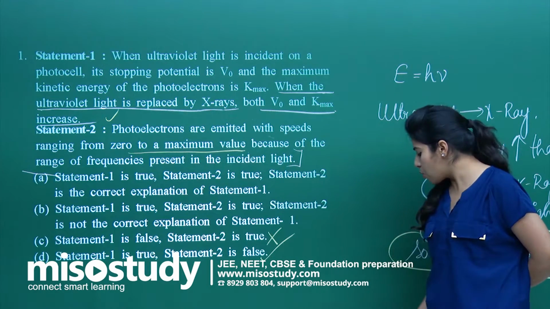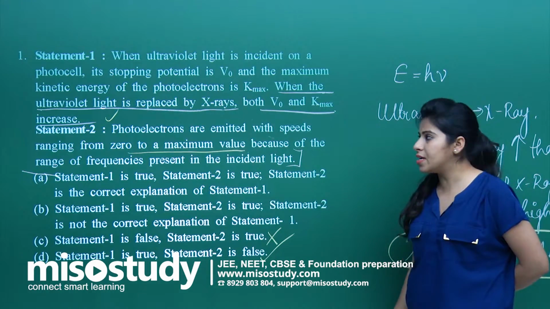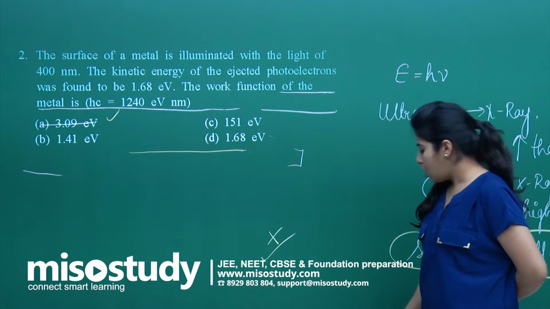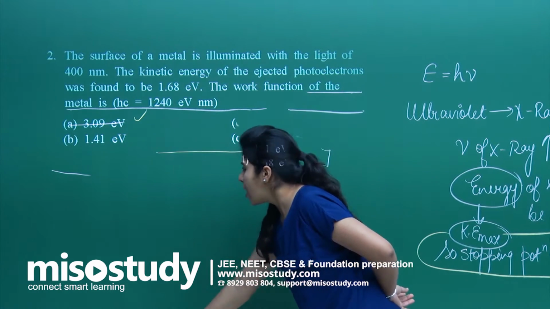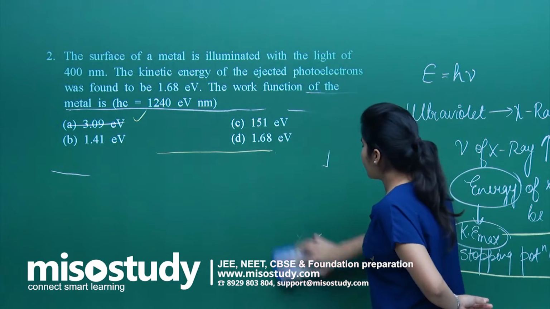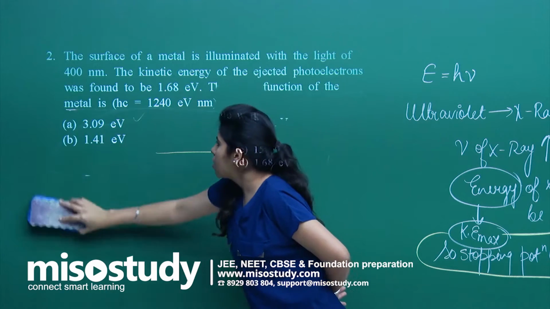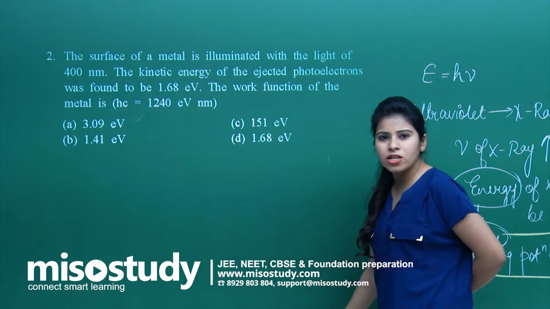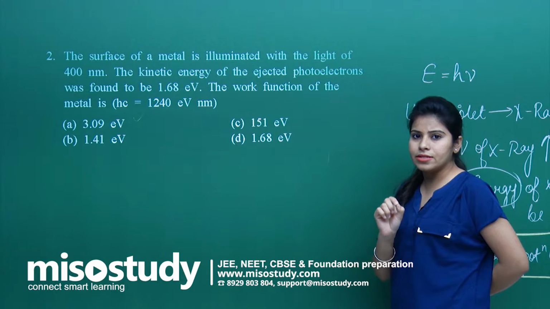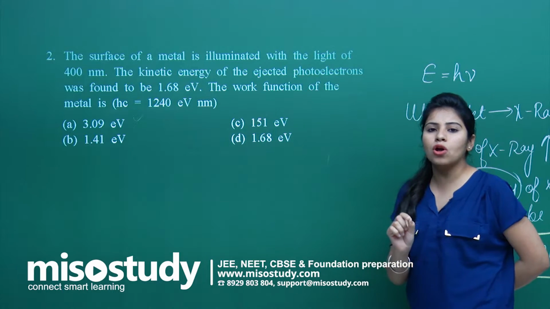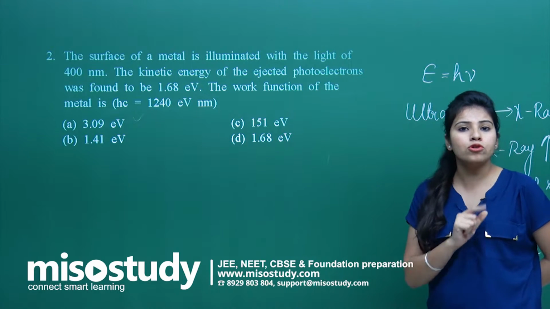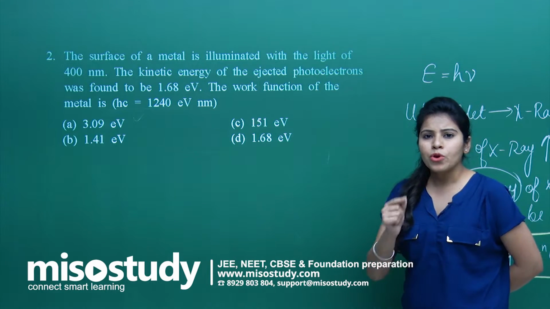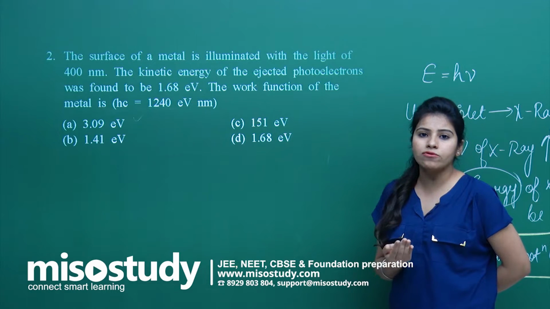Now let us move to the second question and see what it says. All right, so we have something like a numerical. As I have told you, the level of question would be a little bit higher than NEET, but you are going to solve it very easily. This is also a very scoring chapter, because only one or two things you have to remember.